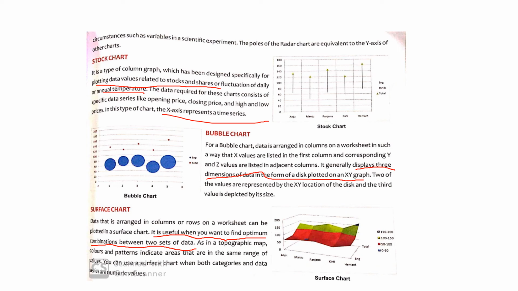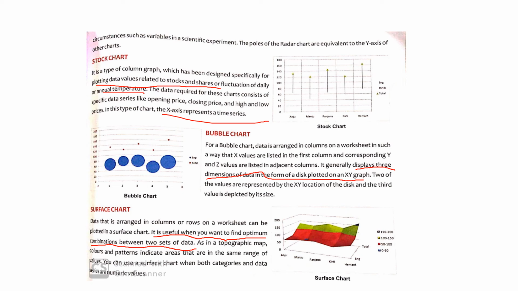This bubble chart is used to display three dimensions of data plotted on XY graphs. It is generally used for three columns available in the table. So two columns are represented using the x-axis and y-axis, and the third data series is represented in the form of bubbles.